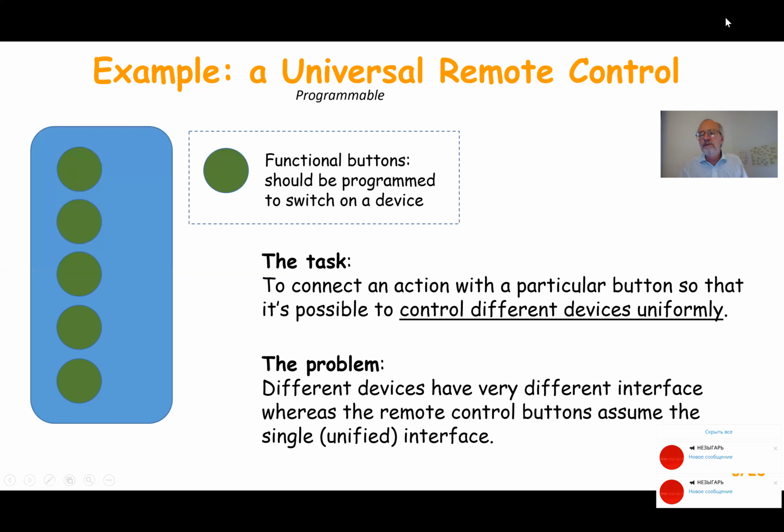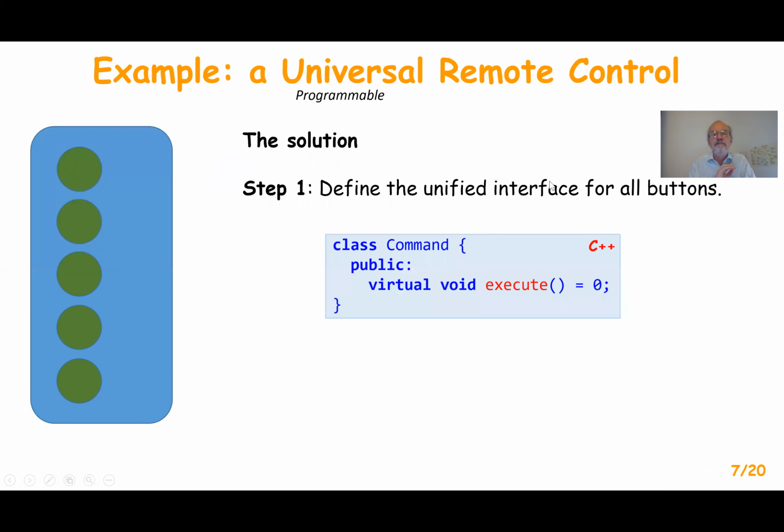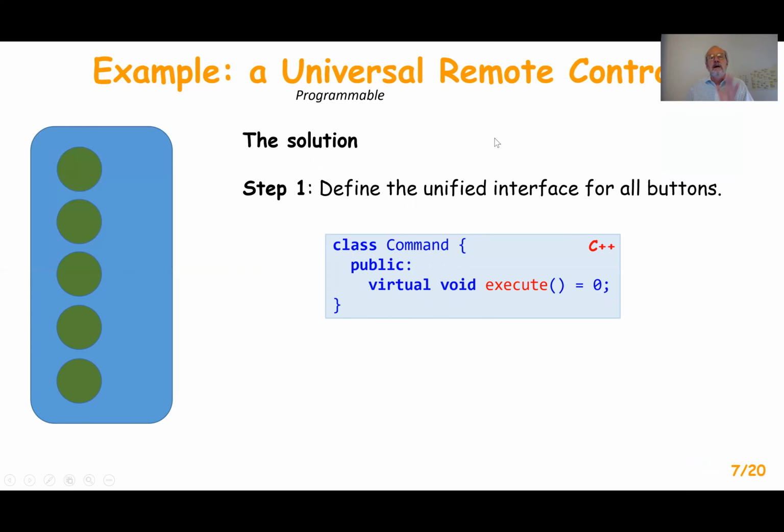So let's try to solve this task. The first step. We define the unified interface for all buttons, as I have already said. Look at the code snippet. A very simple class.